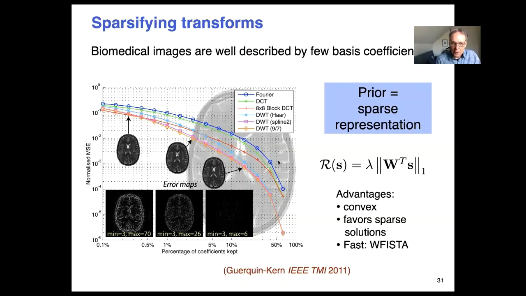So when one compares all kinds of different transforms, like let's say Fourier globally, or DCT, or wavelets, one finds that the wavelets, for a certain percentage of coefficients, tend to have the smallest error. And so that sort of justifies the use of a regularization functional that would be the L1 norm of the gradient.